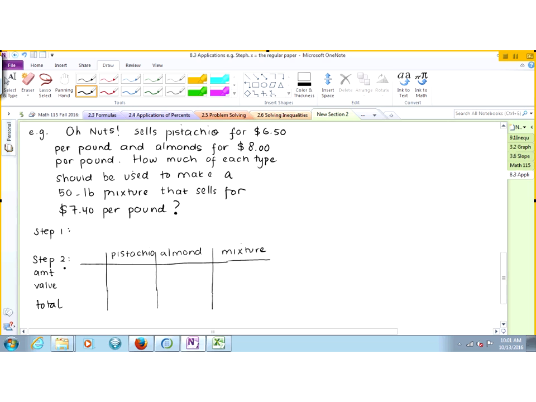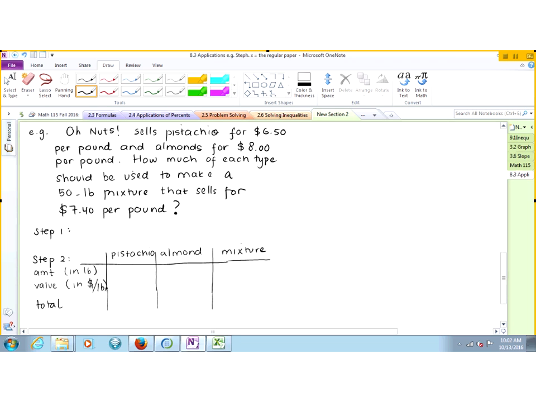But they all relate to the context. In this case, the amount's unit is pounds. What is the unit in value? In dollars per pound, because it's the price each. And the total is just in dollars.